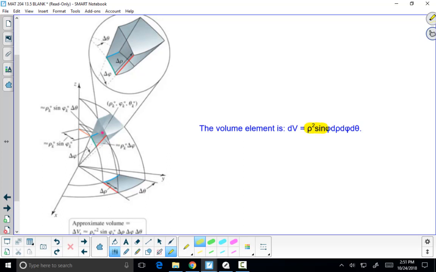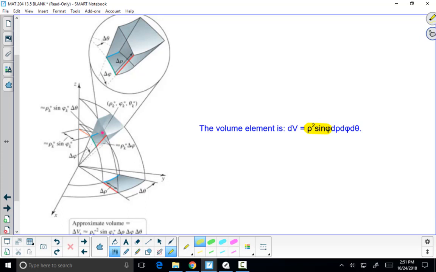Here, the so-called Jacobian, the so-called correction factor is rho squared sine phi. That is going to be the correction factor when we go from Cartesian over to spherical. So that's all going to be part of the differential, this extra rho squared sine phi. That's just part of the differential when we convert from xyz to spherical.